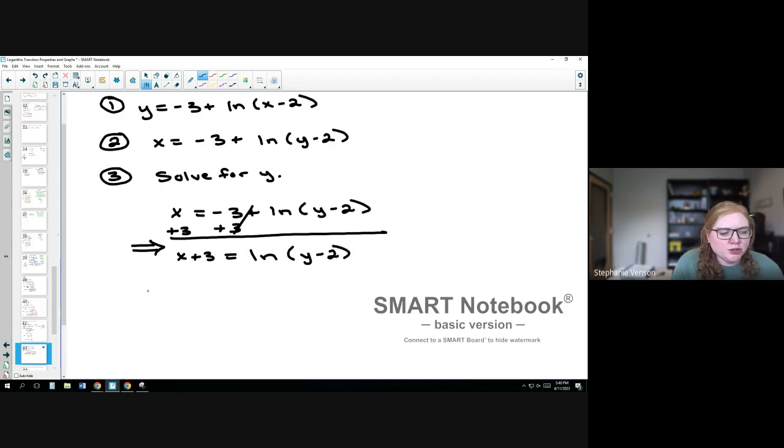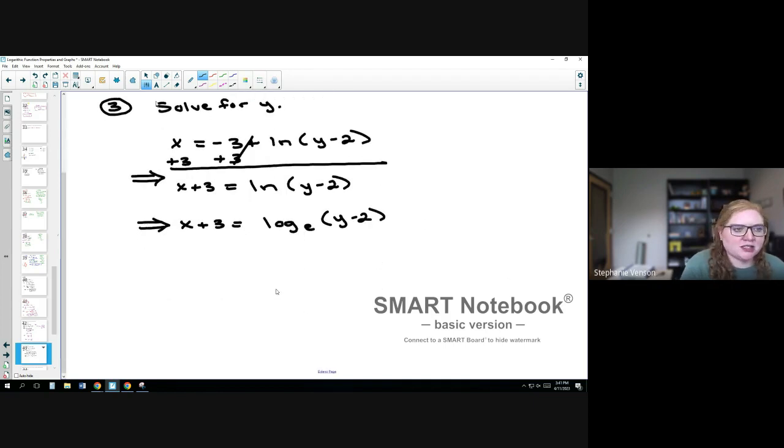Also, if I'm going to rewrite this as an exponential, I need to be able to see the base. And when it's written as natural log, I can't see the base. But what I know from earlier in the lesson is that natural log is the same thing as log base e. So x plus 3 is equal to log base e of y minus 2.